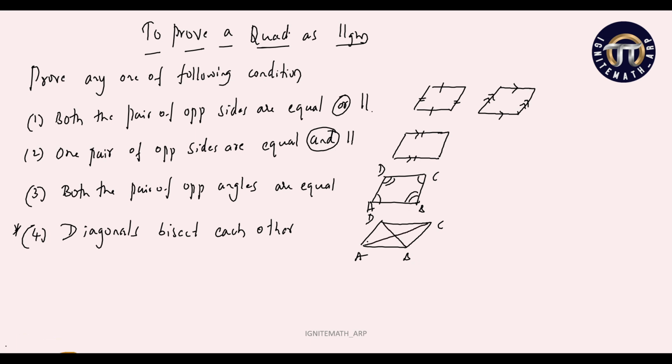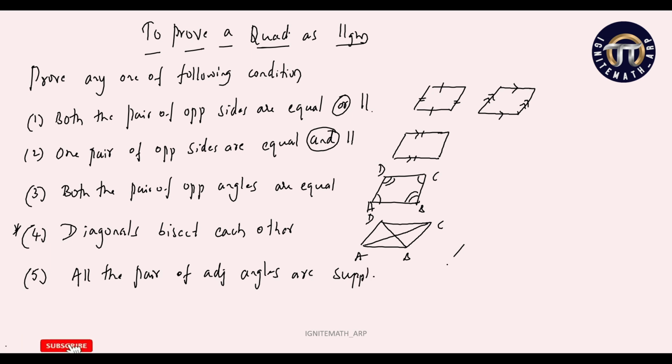Then I can say ABCD is a parallelogram. Clear, children? And the fifth condition, all the pairs of adjacent angles are supplementary.